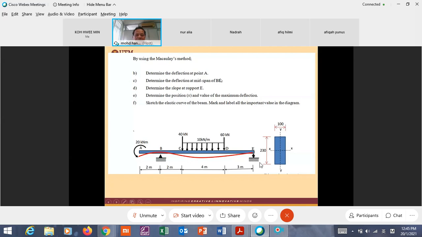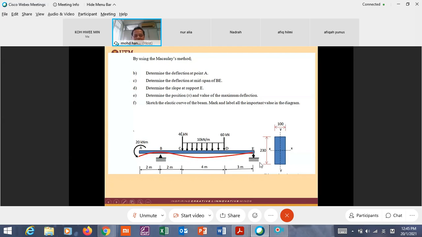Your boundary conditions are at B, deflection equal to 0, and at E, deflection equal to 0. And you do not know at which point the slope is equal to 0. That is the boundary condition.